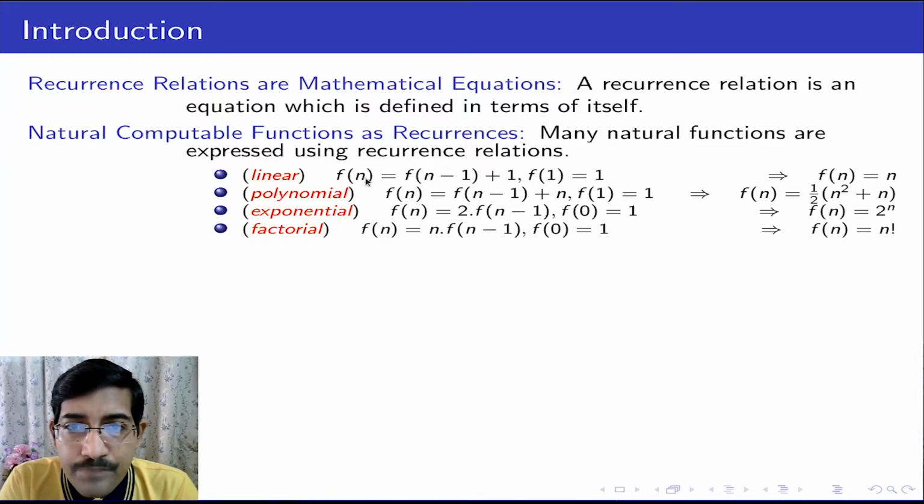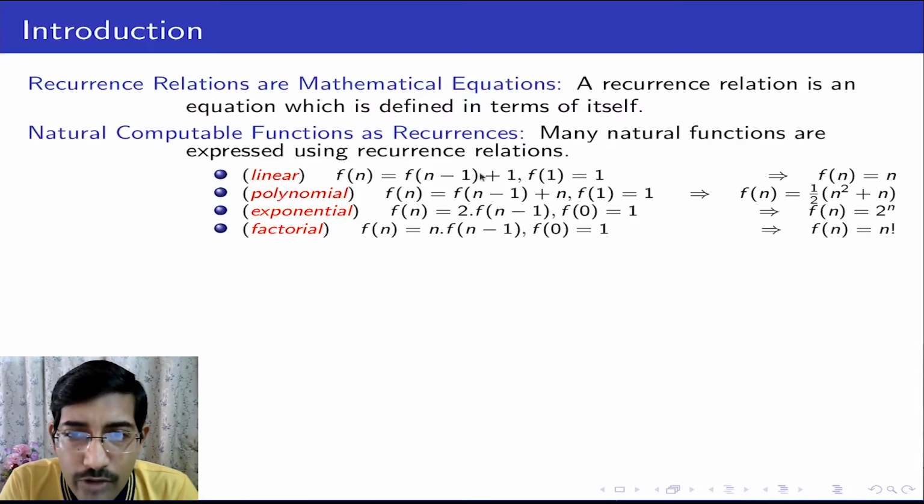This function depends upon the previous value of the function, with n minus 1 as input, and I add 1 to that answer. As you can see, this goes down till we reach a certain base condition.